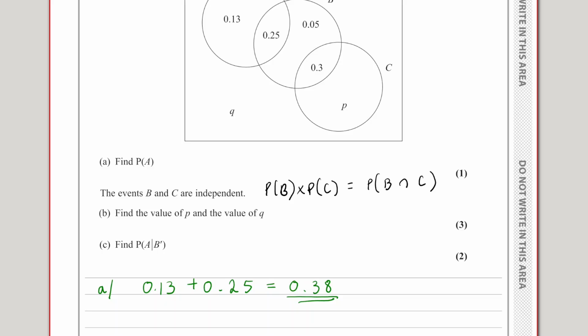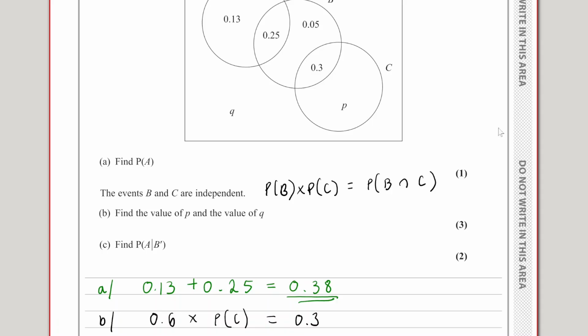The probability of B times the probability of C equals the probability of B and C. So the probability of B is all the ones in B added together. That's 0.6 times the probability of C, which I'm just going to write as probability of C for now, equals the intersection, which is 0.3.